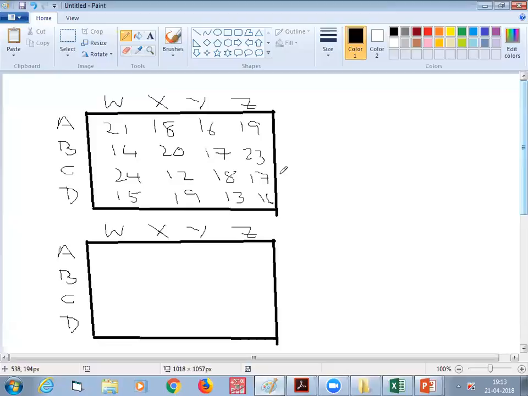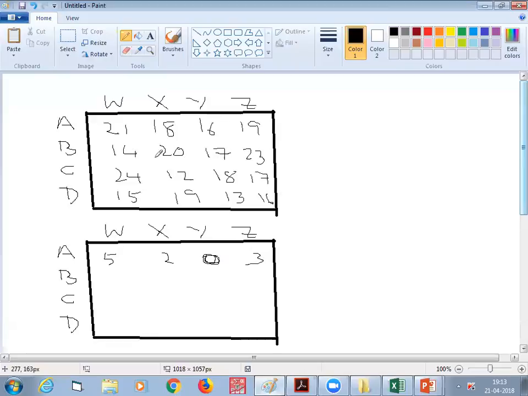Now, how we proceed with this is, first we do something called row reduction. In each row, we subtract the smallest element from all the other elements. In the first row, the smallest element is 16, so 16 is subtracted from all of these. So 21 minus 16 is 5, 18 minus 16 is 2, this is 0, and this one is 3.